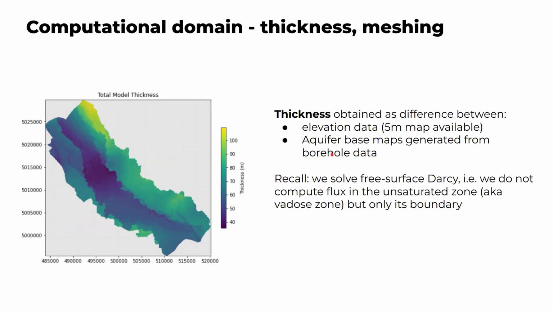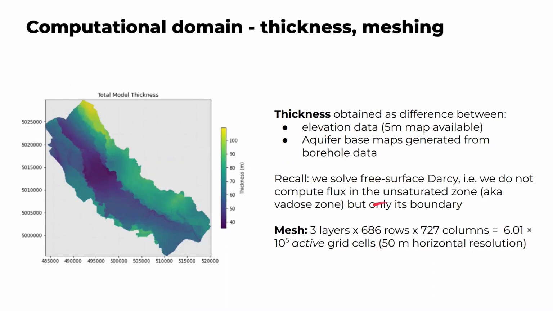Okay, remember that we're solving here the free surface Darcy, so we do not compute the flux in the unsaturated zone, between the surface and the boundary between the saturated and unsaturated zone. What we compute is just the position of the boundary between the saturated and the unsaturated zone, but we don't compute the flux in the unsaturated zone.